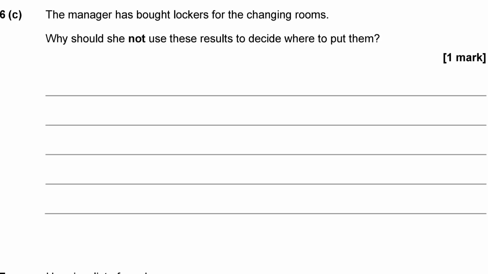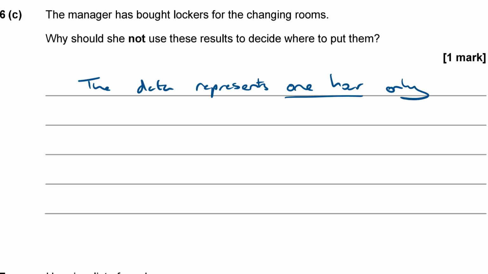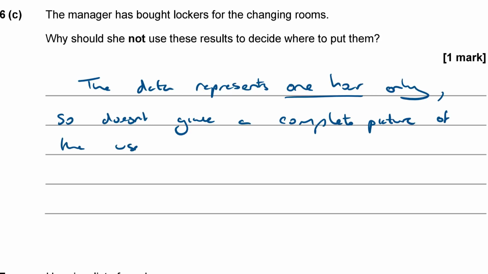So how can I write that down? The data represents 1 hour only, so doesn't give a complete picture of the use of the changing rooms.